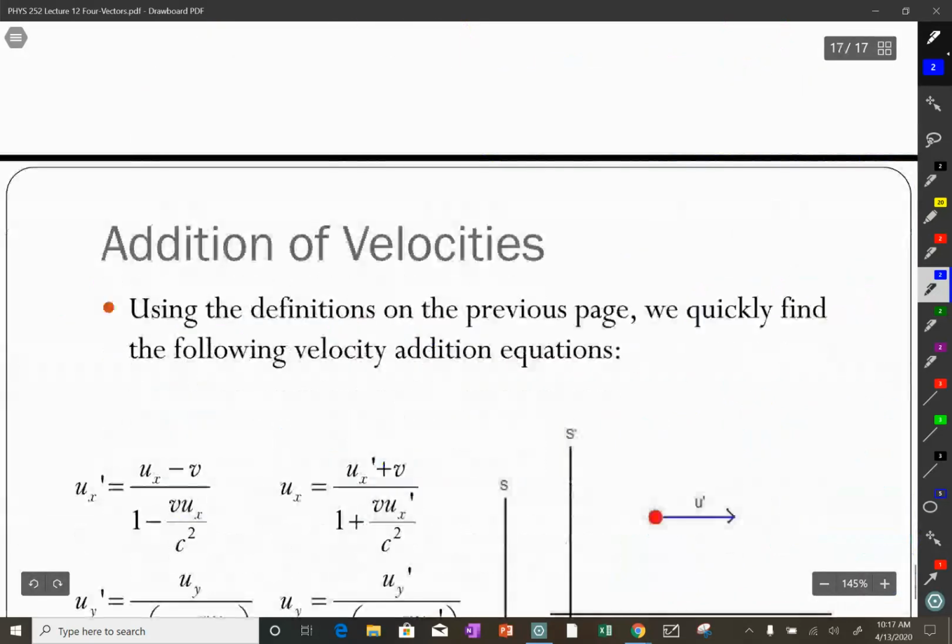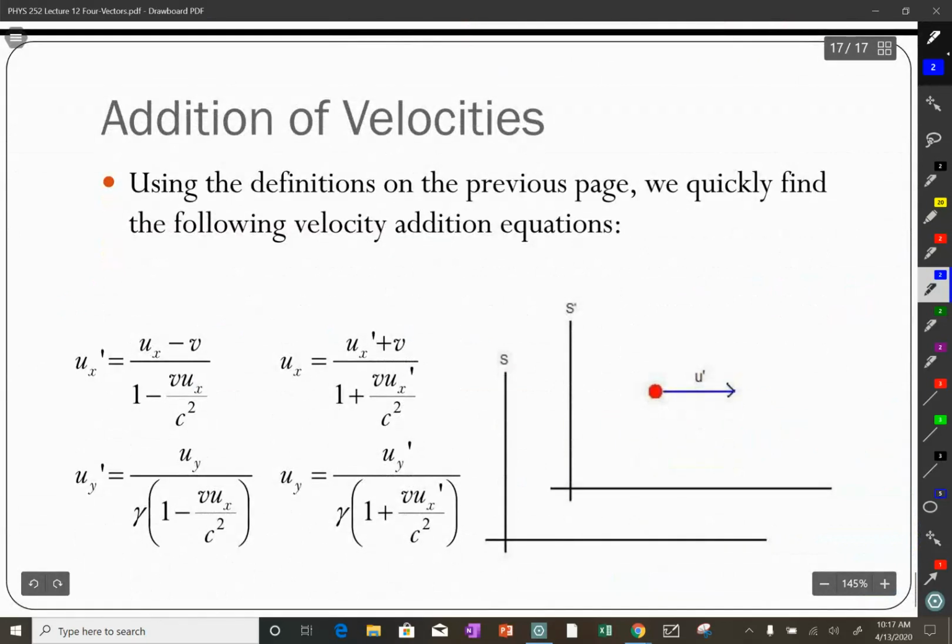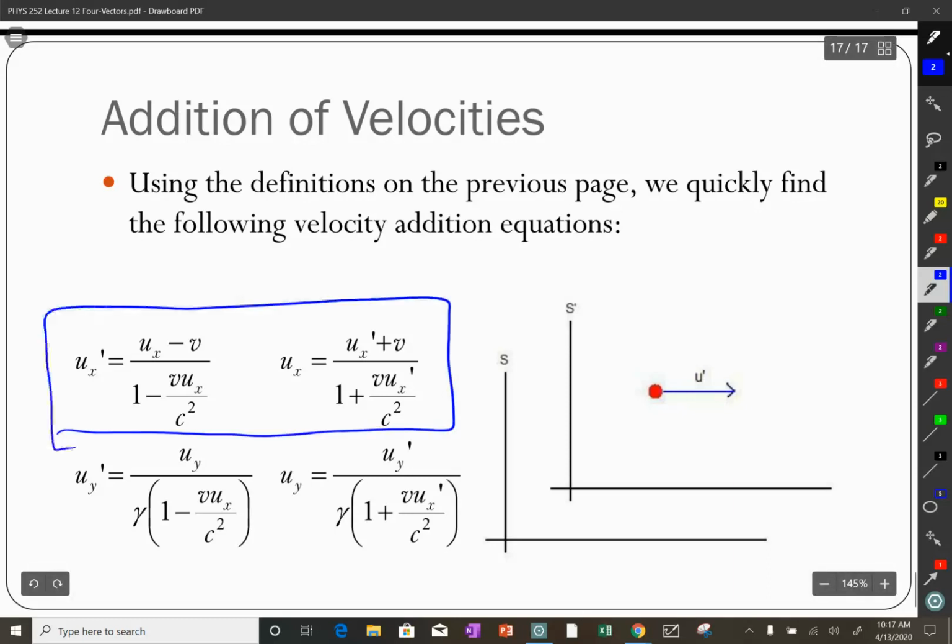So here are the outcome equations. So this is the way that we found them directly without doing any conversion to make it match what we did in class. And just like before, if I wanted to switch where my prime is, I just change the sign of the speed.